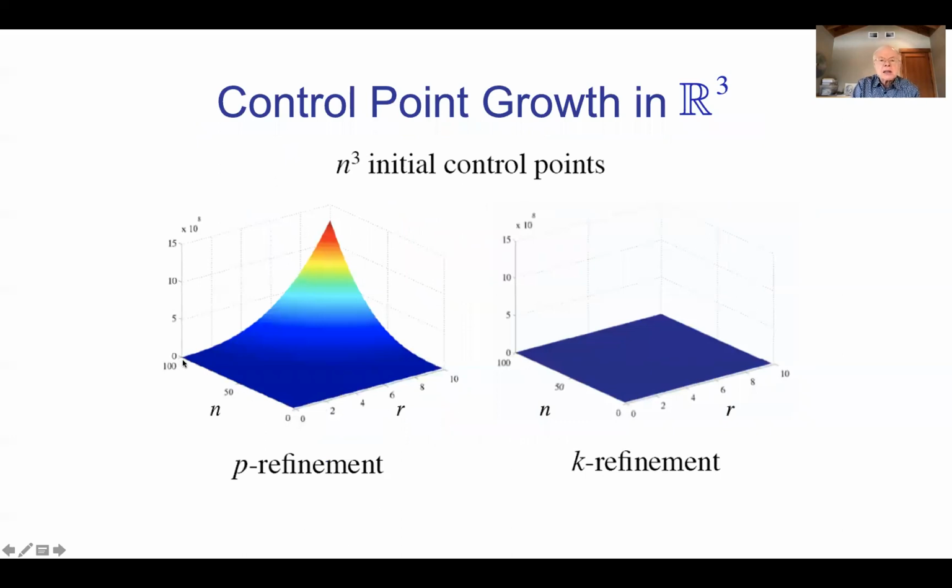You start, say, and this is just dramatized, of course, but you start with a mesh in 3D of n cube points, say 100 cubed, so 1,000,000 points. You refine 10 levels of refinement or order elevation in P refinement, and you go from 1,000,000 degrees of freedom to roughly 1.3 billion degrees of freedom, a factor of 1,000 increase.